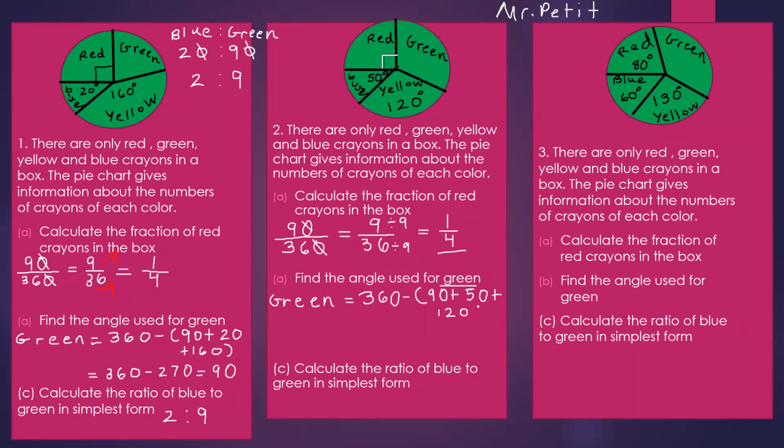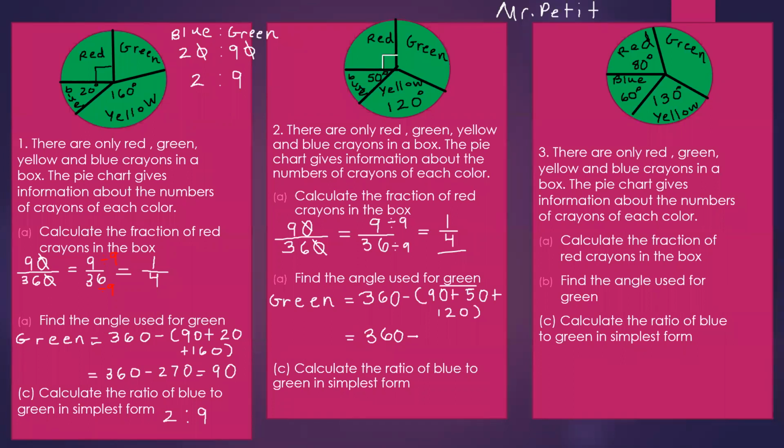And we add them all up. What do we get when we add them? 270. 360 minus 270, is that correct? No, Mr. Petit, it's 260. 260? Let's add them.